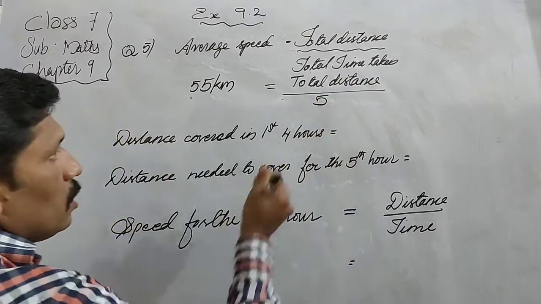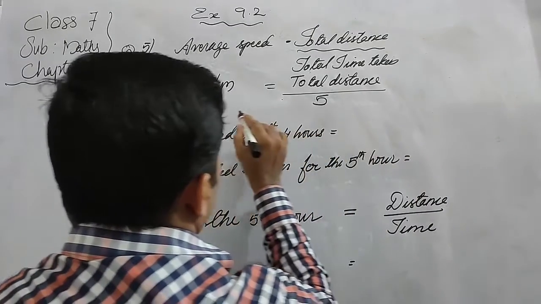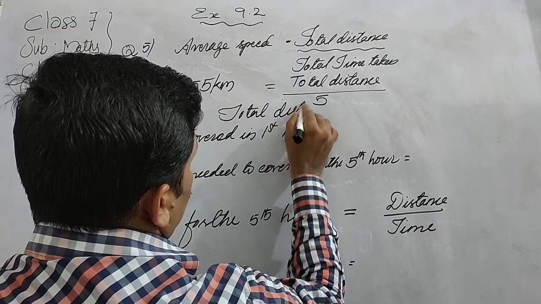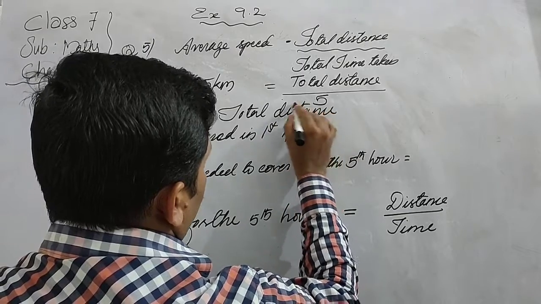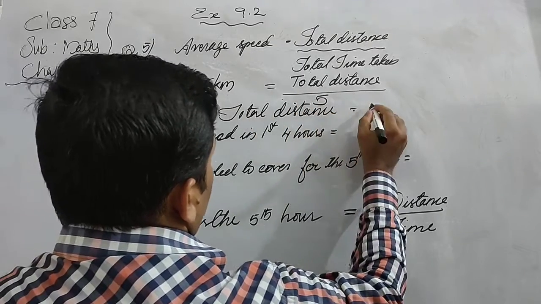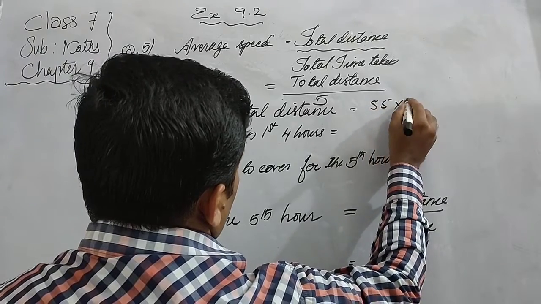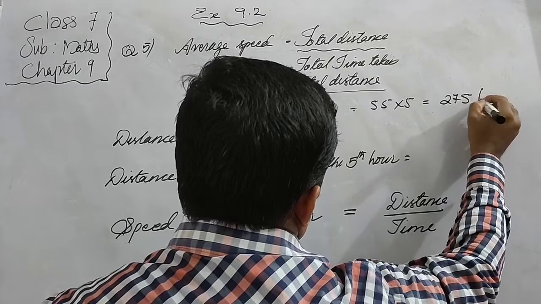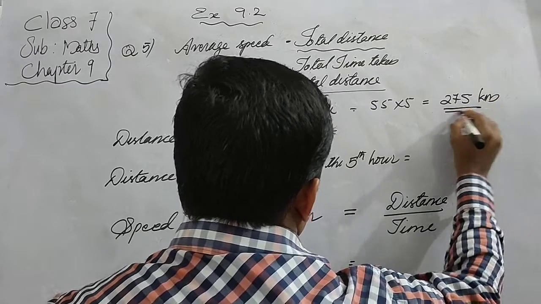Therefore, total distance is 55 into 5, which is 275 kilometers. That is the total distance of that journey.